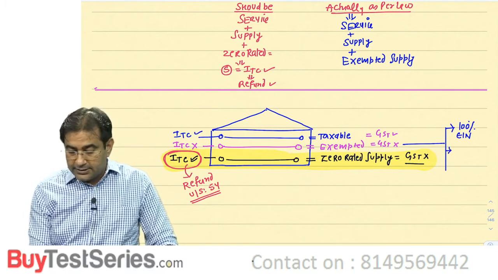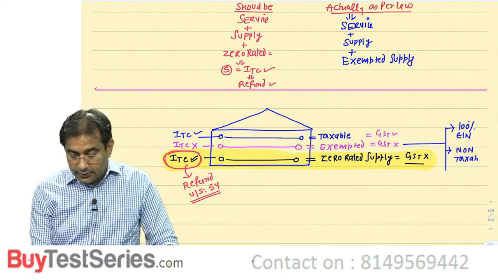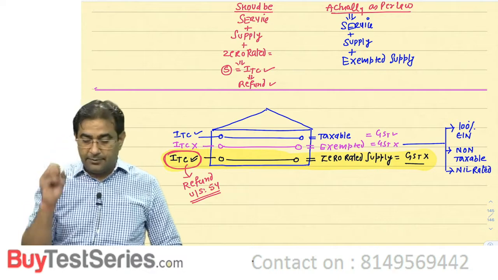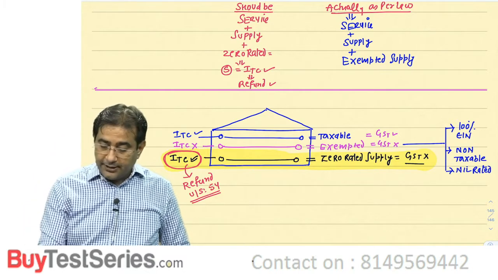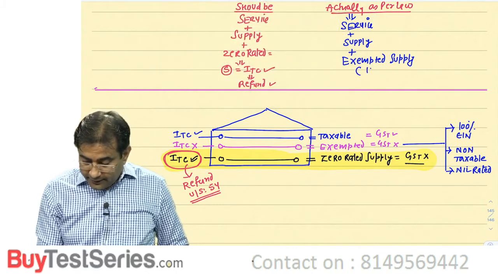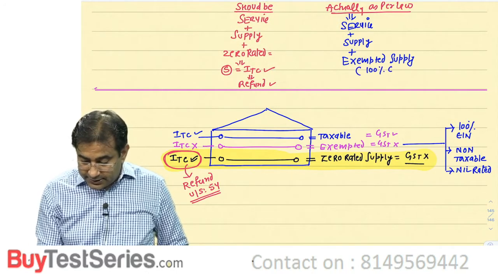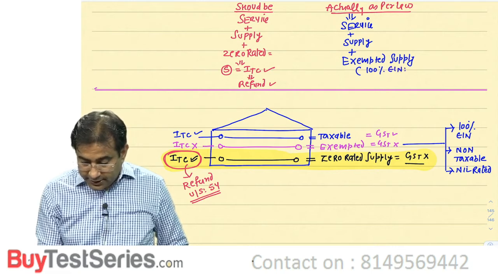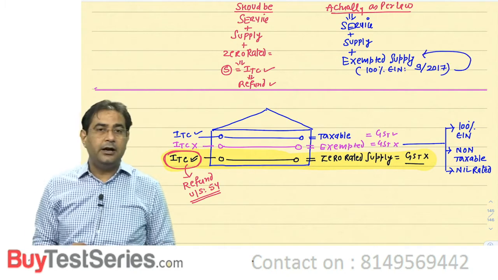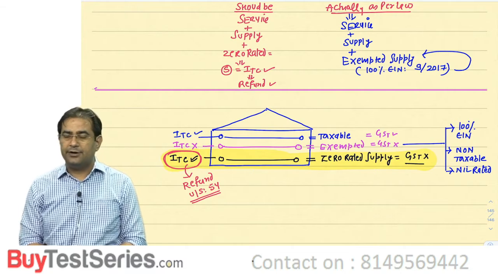Second one is supply that is non-taxable, and third one is nil rated. There are three components of exempted supply, and here the government covers it under a 100% exemption notification, namely 9/2017. That's why it is covered under the definition of exempted supply.